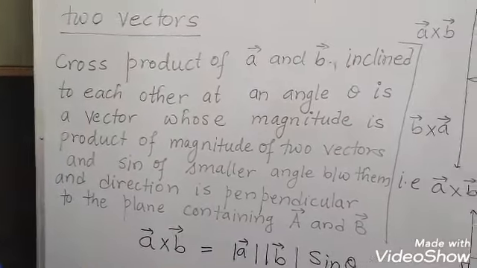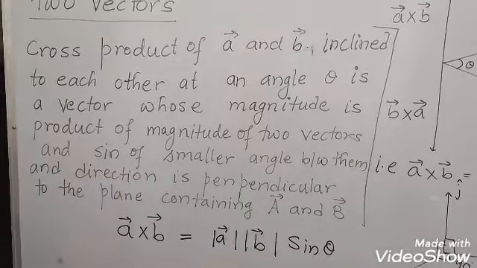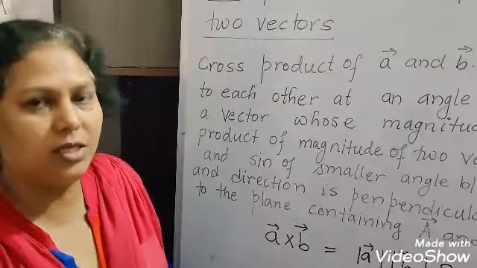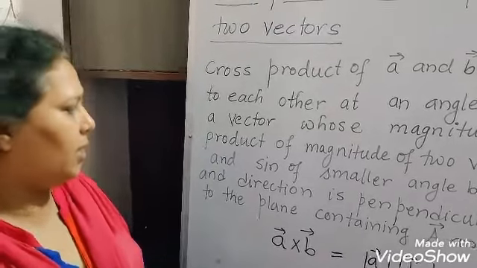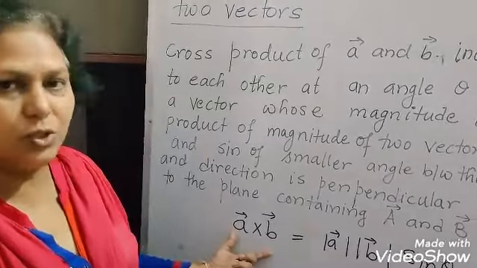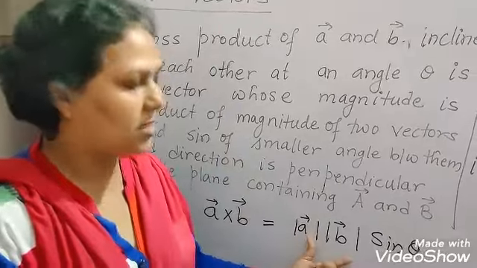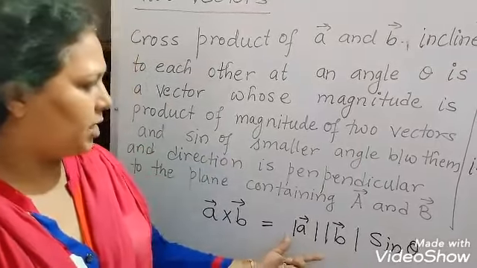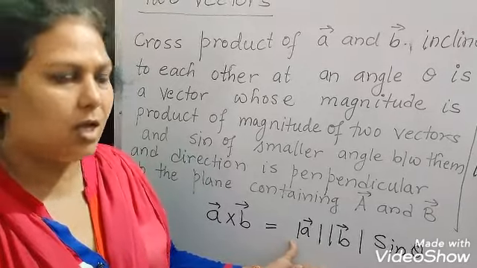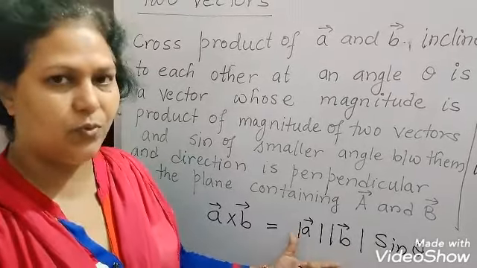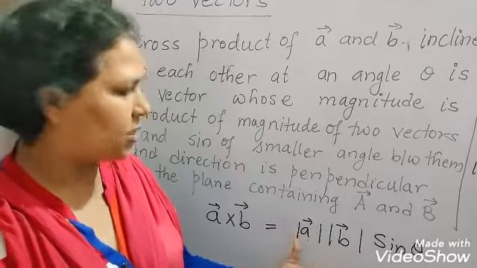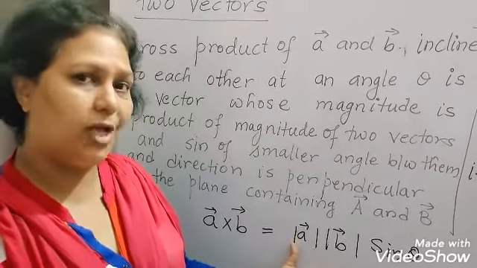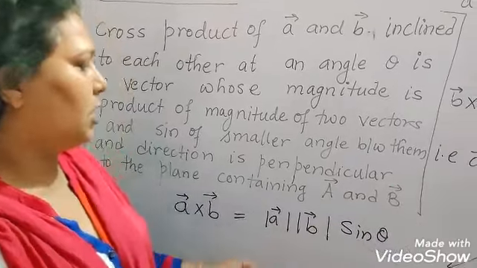And look here, because it is called the vector product of two vectors, obviously the product which we obtain by the cross product of these two vectors must be a vector quantity. So till now we are talking about the magnitude of the product, and the magnitude is equal to what?